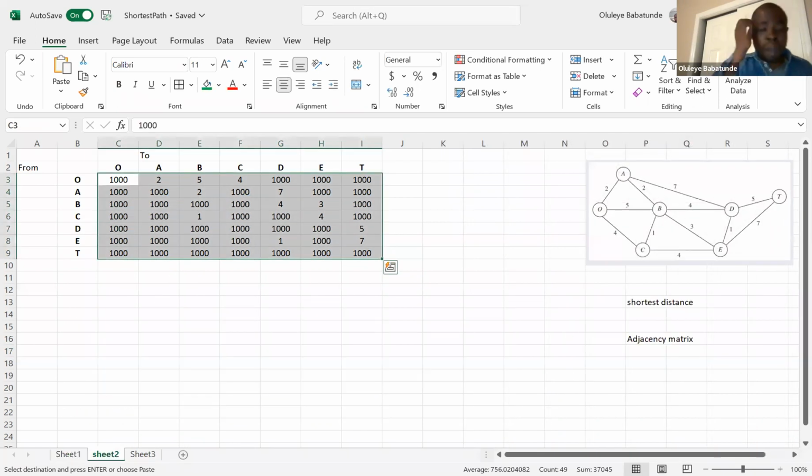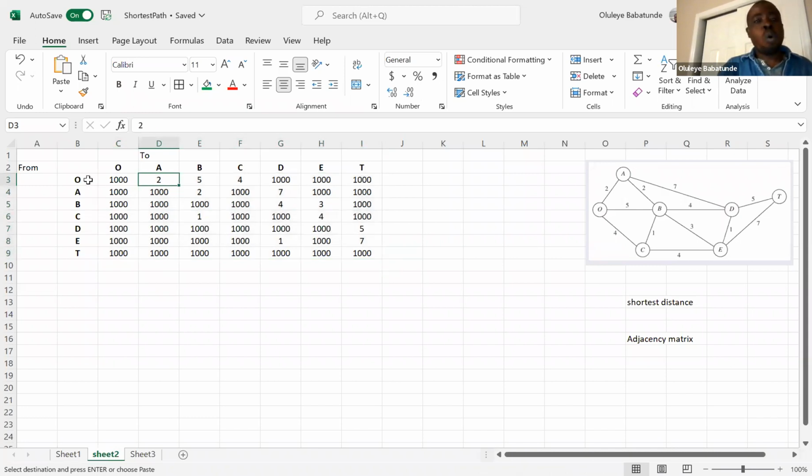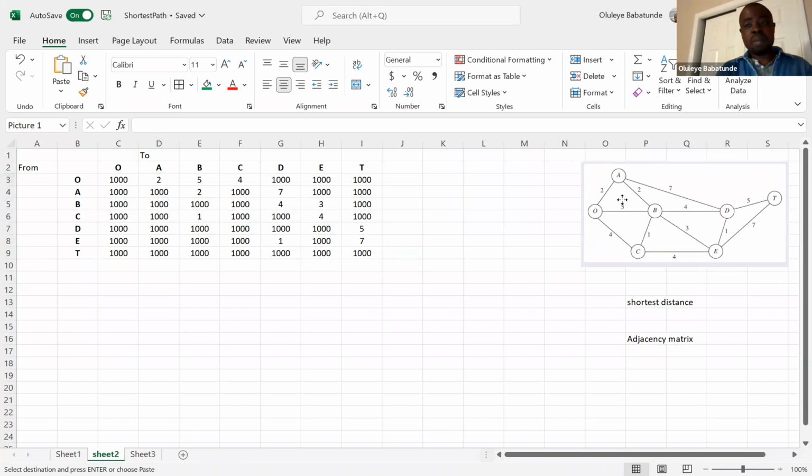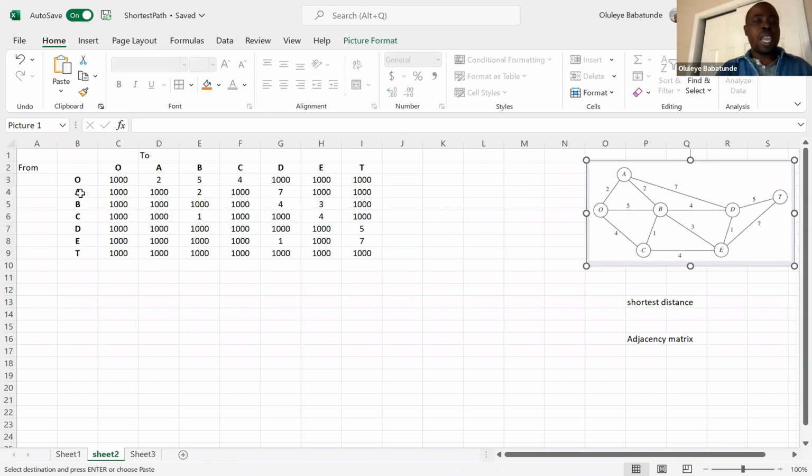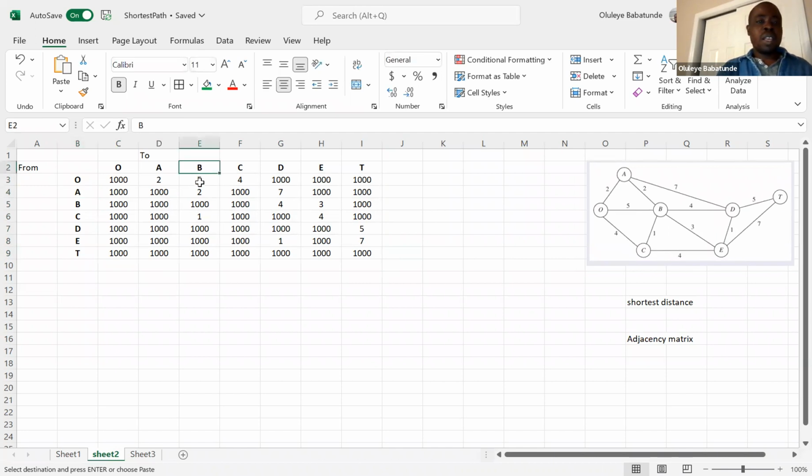Okay, now you can see that from O to A, I've got 2 according to this diagram. From A to B, the distance measured is also 2. And from O to B, the distance measured is 5.